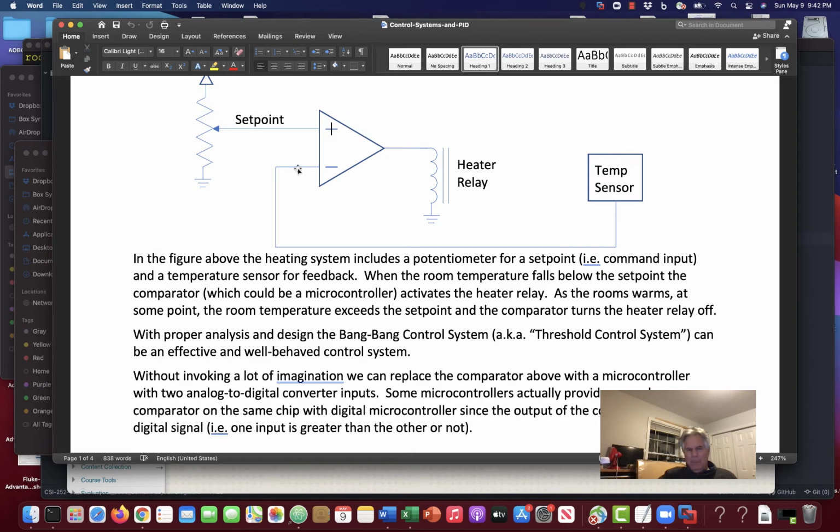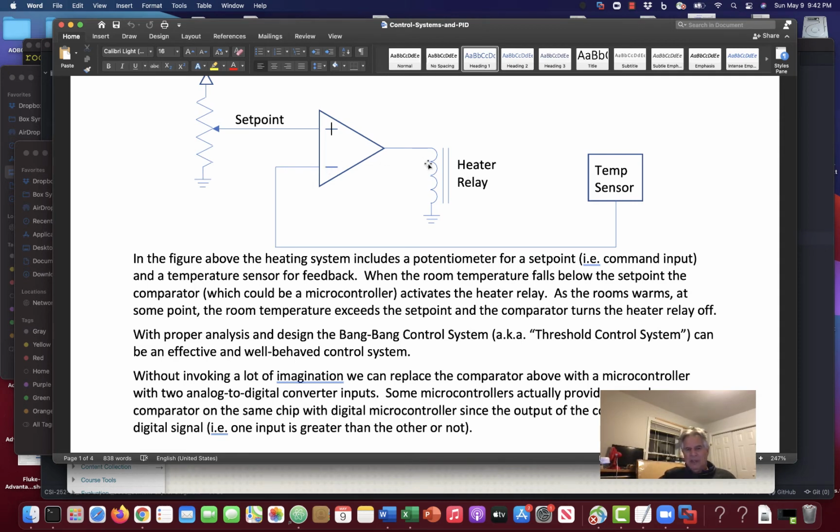So if you're in, say, state A, there isn't just one threshold, there's actually two, and you have to go past the higher threshold to turn it on. And then for it to turn off, the feedback has to fall below the lower set point to turn it off.